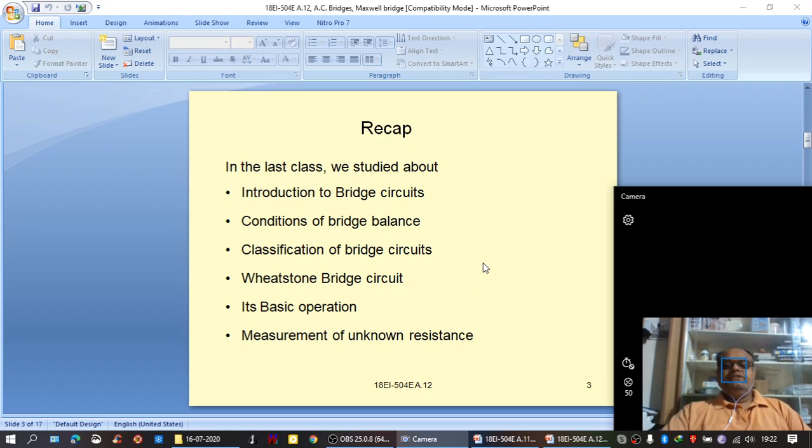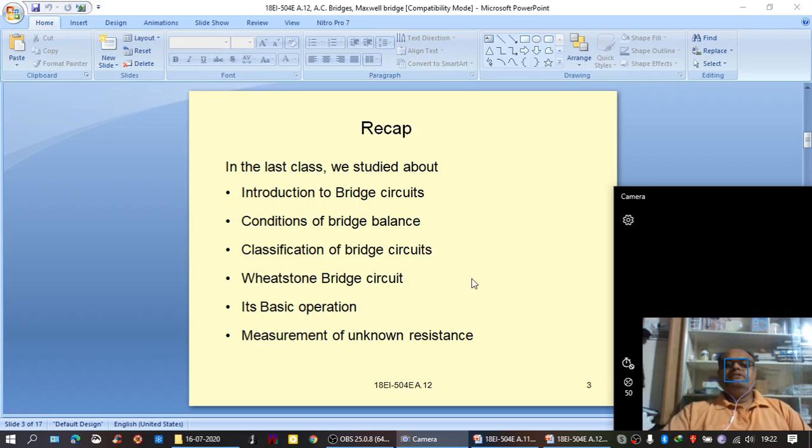In a DC bridge, either DC or AC supply can be used as input excitation, whereas in case of an AC bridge, only AC supply has to be used as excitation.